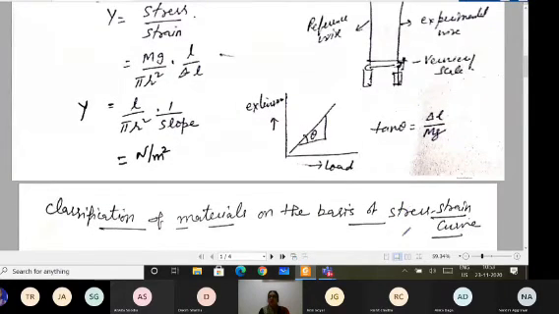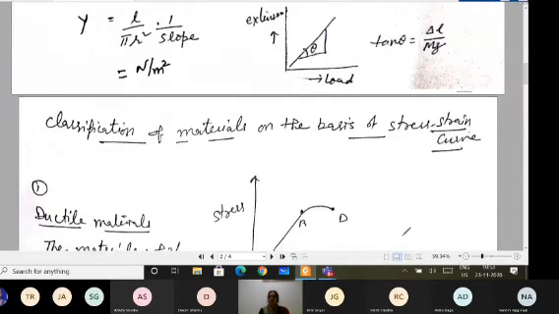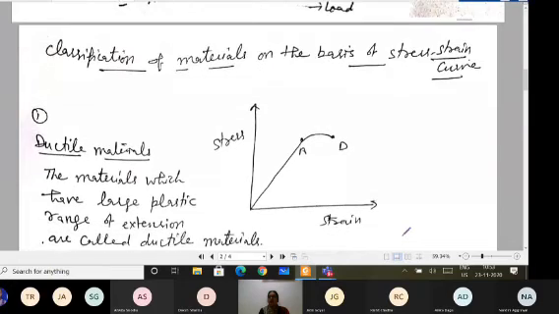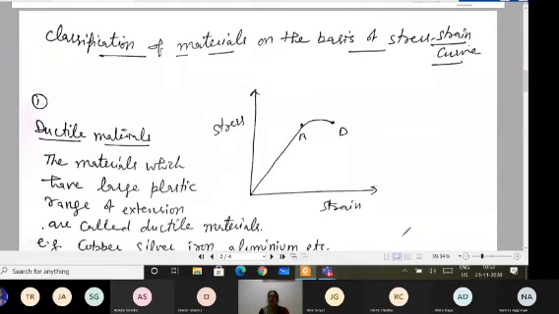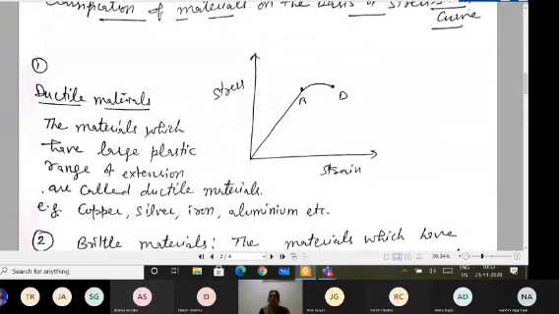And with the help of finding all these things, stress strain graph and Young's modulus of elasticity, I'm able to do the classification of materials. It means, as I was saying, how to use these particular materials for different purposes, like which are the ductile materials, which are the brittle materials, that can be classified by studying the stress strain graph.